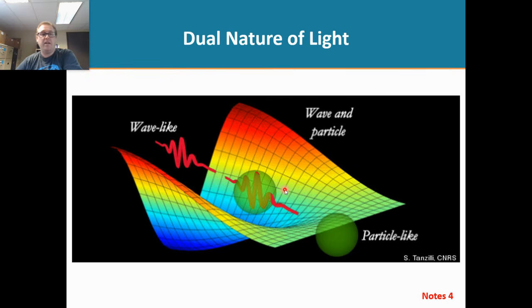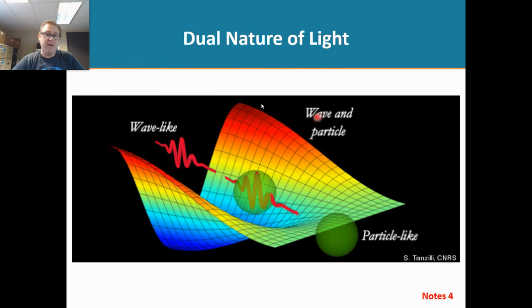In order to fully understand and appreciate IR spectroscopy, we need to remind ourselves of what light is, how it behaves, and some of the rules or principles that we've learned about light. The first thing that we've learned from general chemistry is that light can behave like a wave and it can behave like a particle.